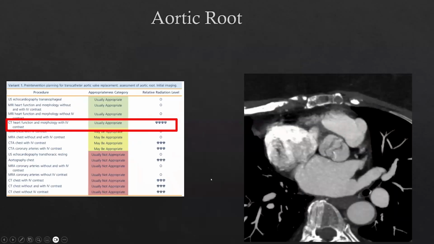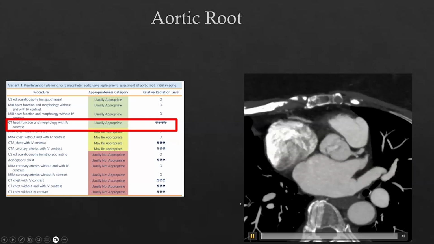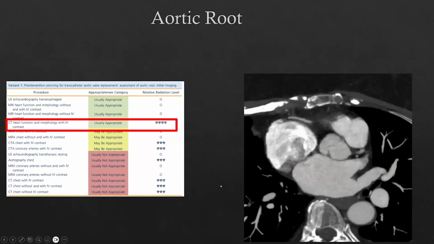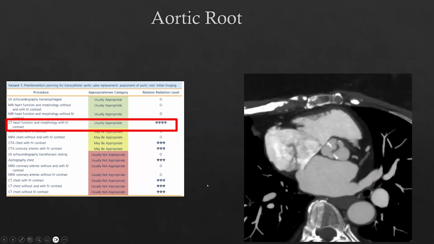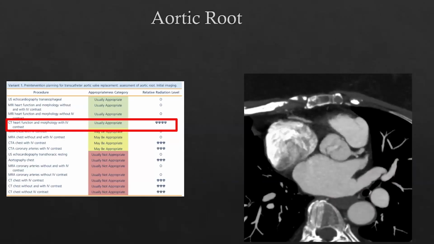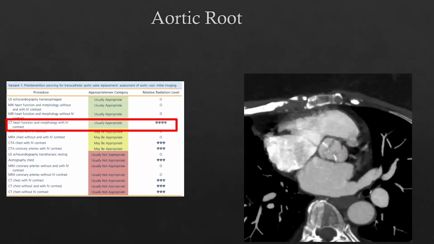So in terms of the ACR appropriateness criteria, they recommend contrast enhanced CT heart, cardiac CT. And this is important. This is typically performed retrospectively gated. So this is a cine of a bicuspid aortic valve with retrospective gating.